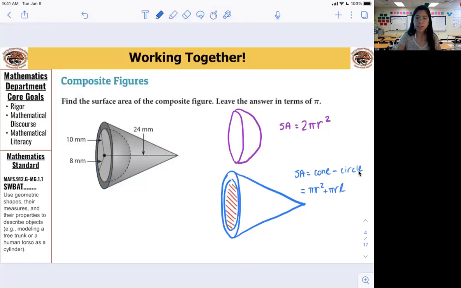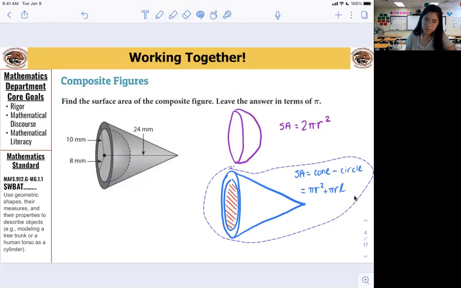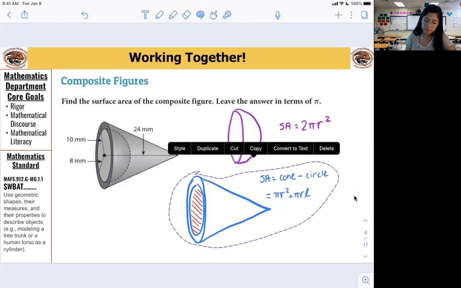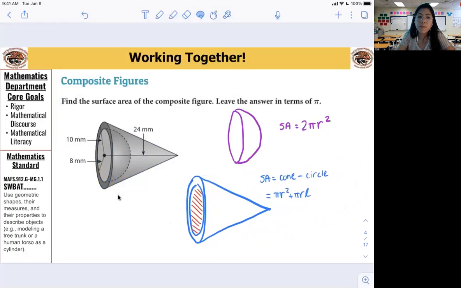But then we're subtracting the circle. Now, does the circle have the same radius as the cone or a different radius? Good, different radius, because look at this, the radius of the cone.